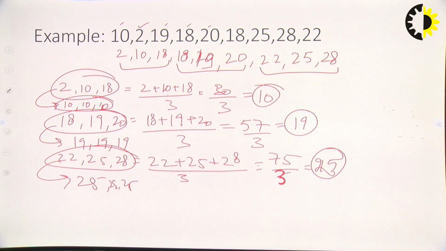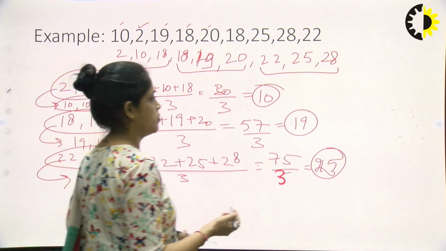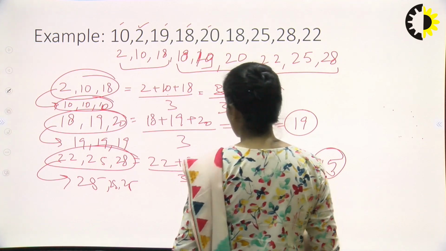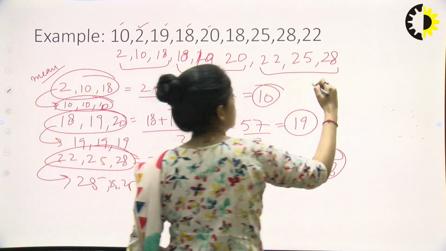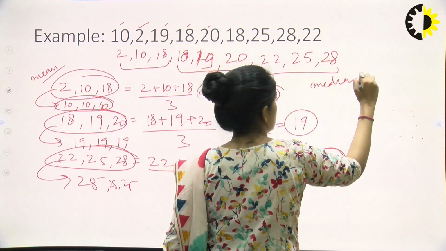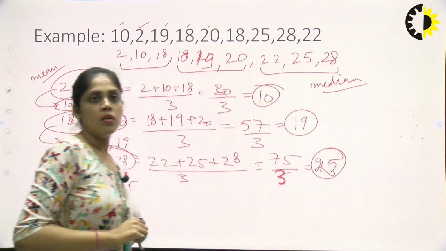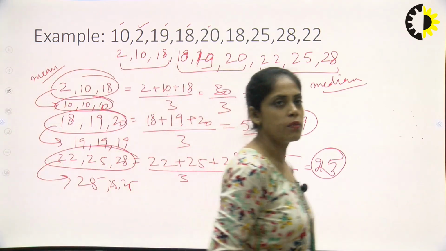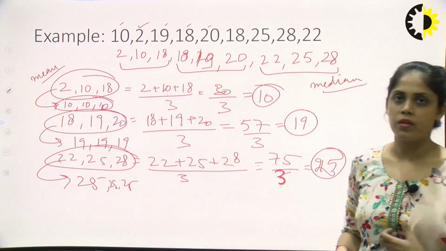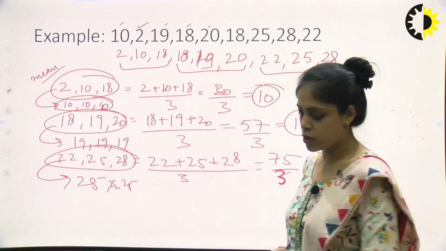Now let us talk about the next type, that is smoothing by bin median. What does the median say? If the number of terms is even, then it is n by 2, and if the number of terms is odd, then it is n plus 1 by 2.